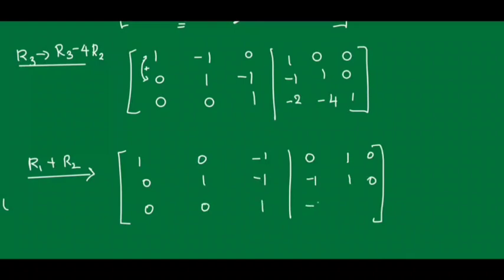So this is 1, 0, minus 1, 0, 1, 0 plus 1 gives me 0 here. So R1 plus R2 we have added, second row remains the same, the third row remains the same, minus 4, 1.